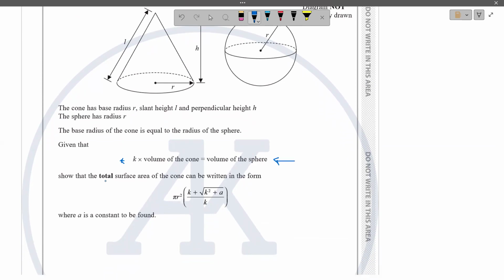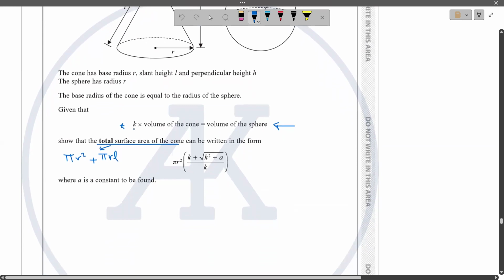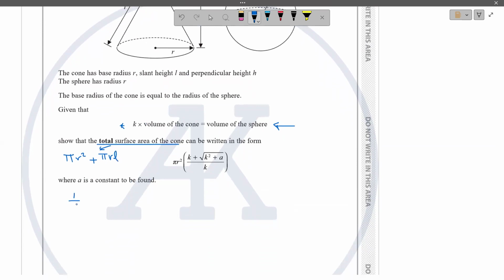Show that the total surface area of the cone, which is pi r squared plus pi r l, can be written in this form. So let's start with the given: the volume of the cone, 1/3 pi r squared h, multiplied by k, equals the volume of the sphere, 4/3 pi r cubed.